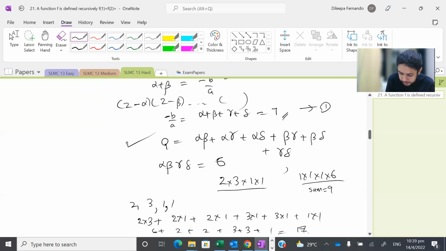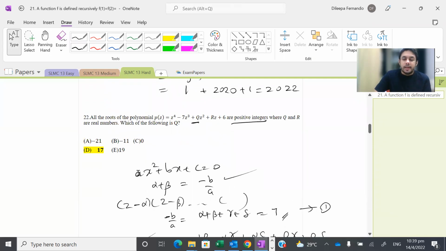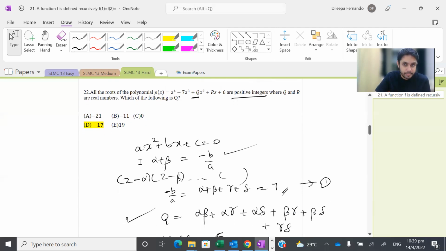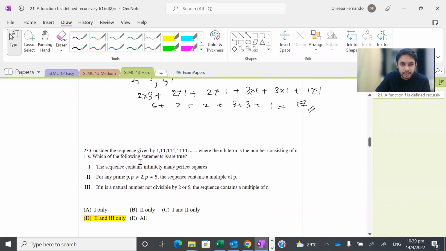The answer is 17. So this is something you can do by applying your knowledge about the roots of polynomials, and also applying your knowledge about positive integers. Hope this is clear.